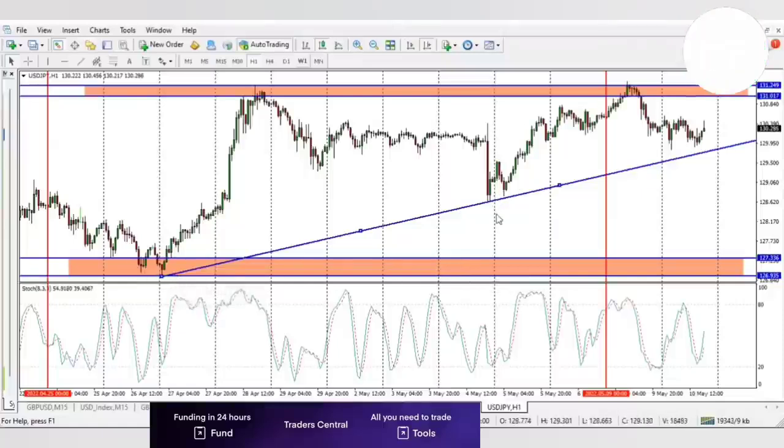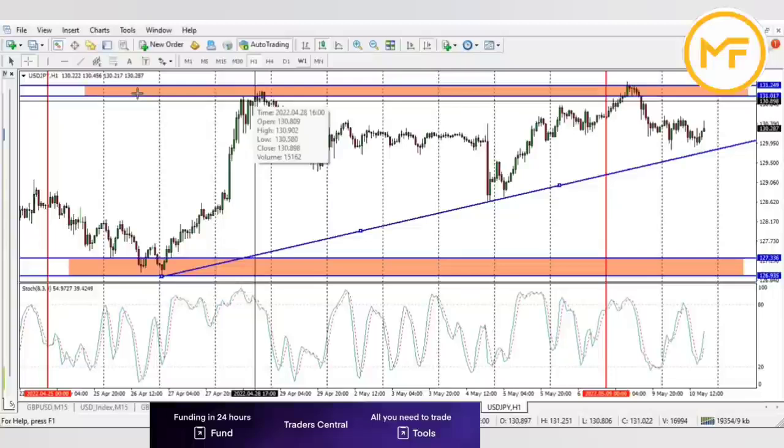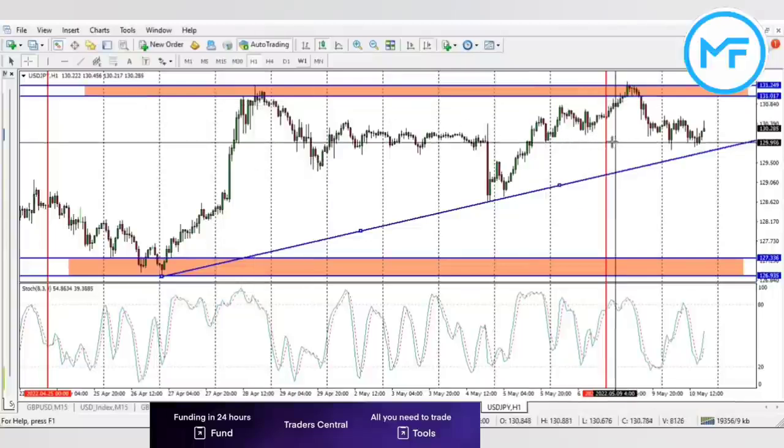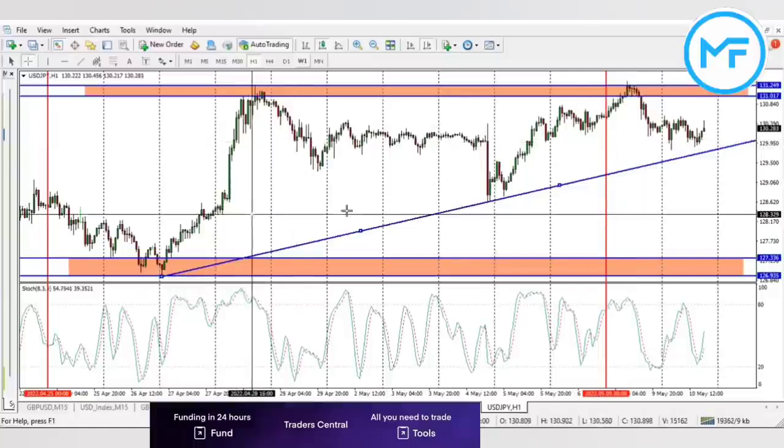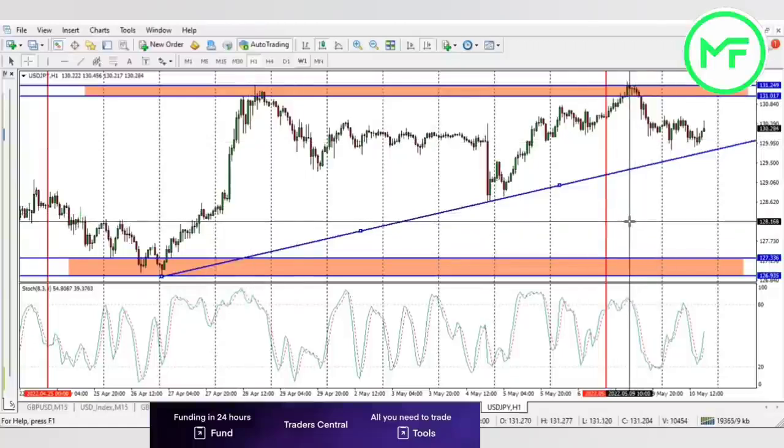And usually in most times also this one. Yes. And also, if you look at this highest point and also this point, there's also some kind of divergence, right?